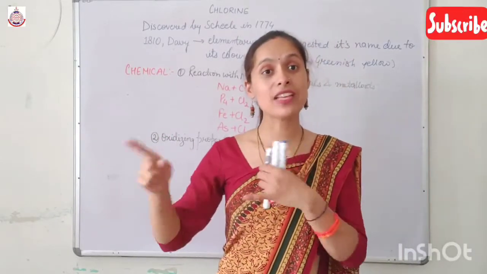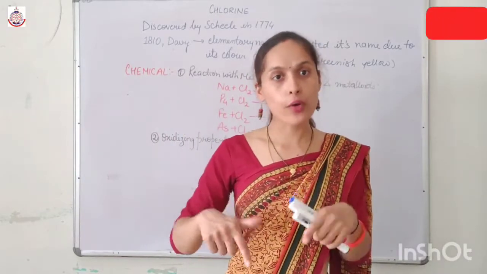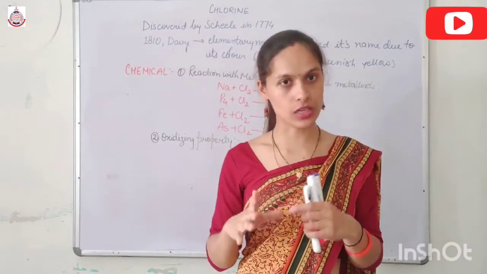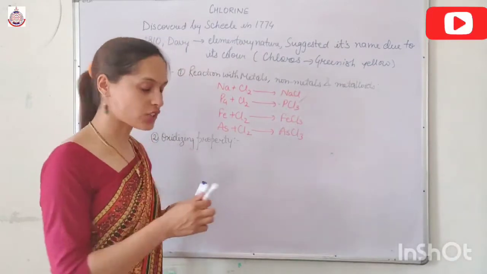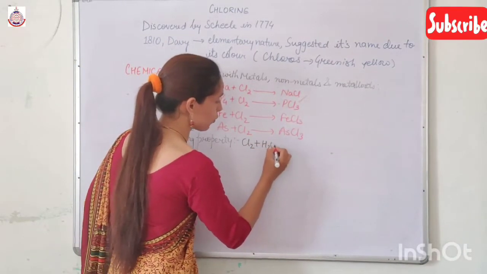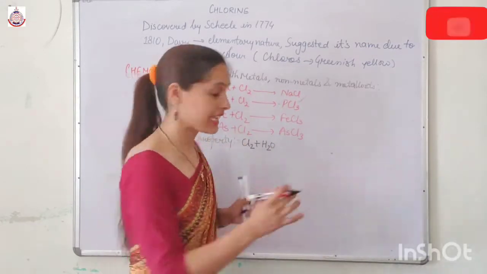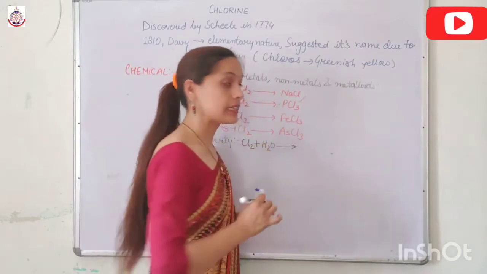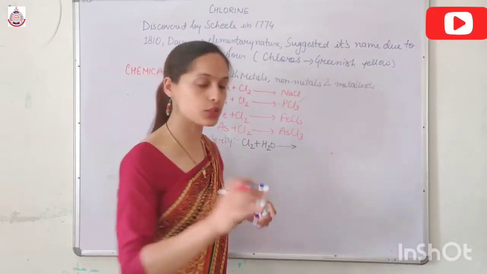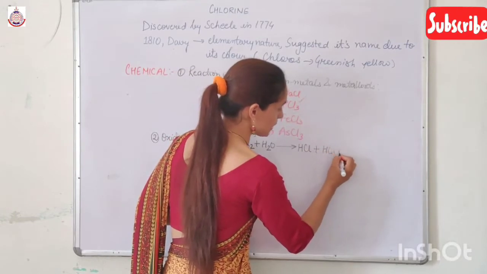So chlorine behaves as an oxidizing agent either in the presence of moisture or when it is present in aqueous solution. So what is the reaction we get? Cl2, when dissolved in water, forms chlorine water. But on standing, it loses its yellow color due to the formation of two compounds, HCl and HOCl.